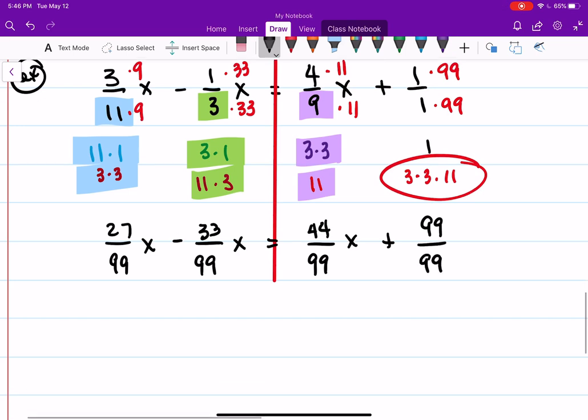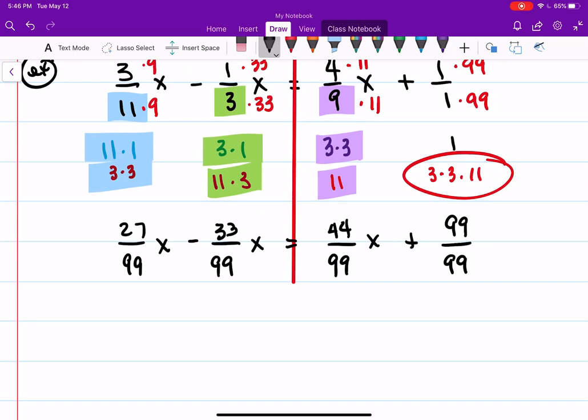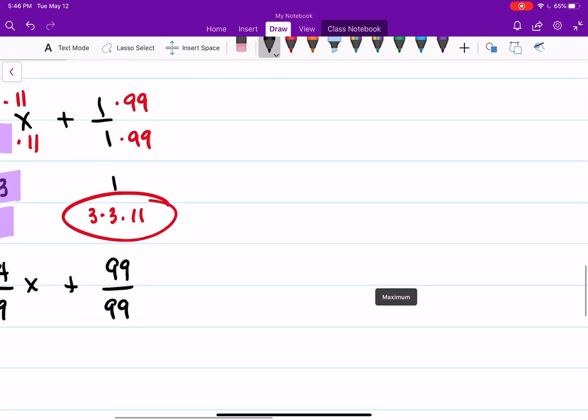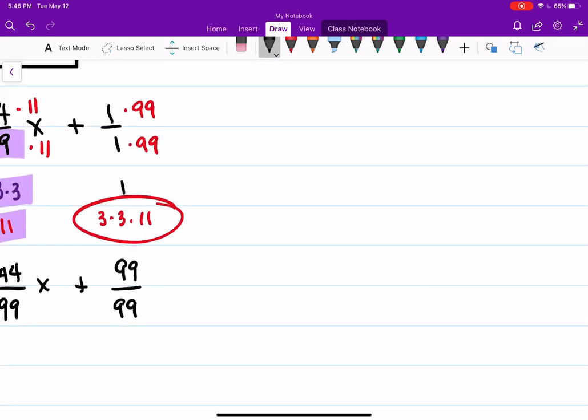Okay? So here's the reason why I did this. Now, if you notice, all the denominators are exactly the same. Is that right? Okay. So if I was to say to you, hey, I have x over 5 is equal to 2 over 5, you would tell me that the answer is x is equal to 2, right?